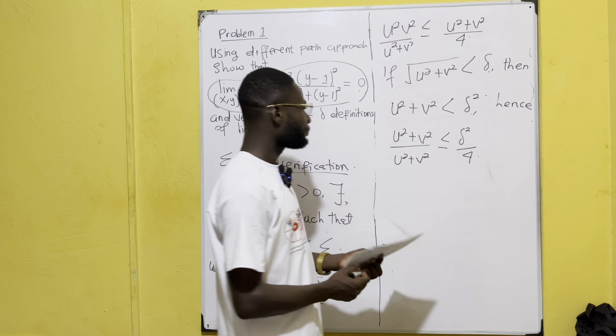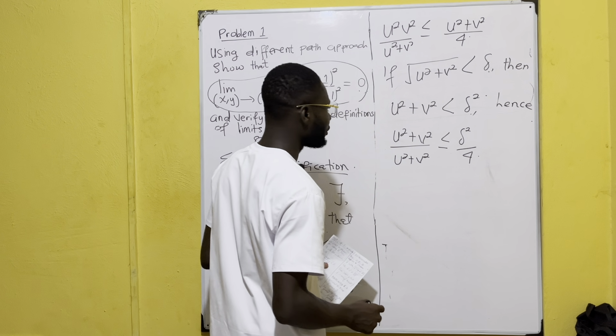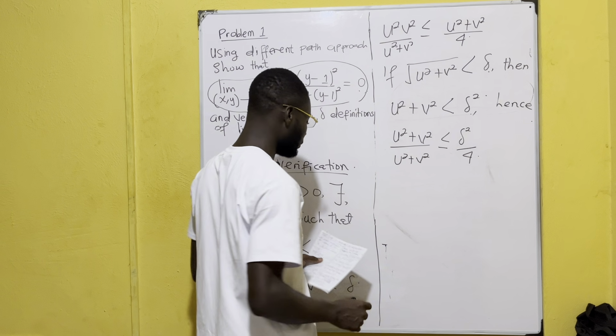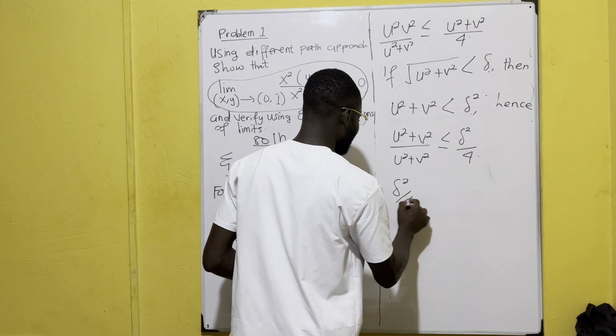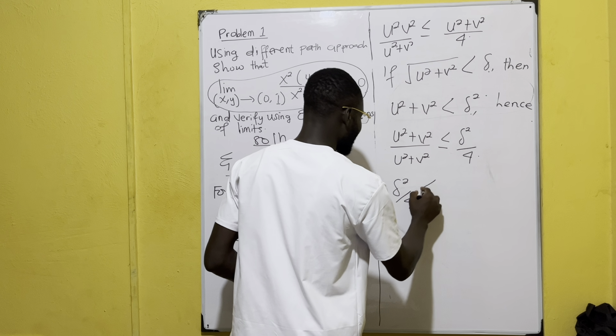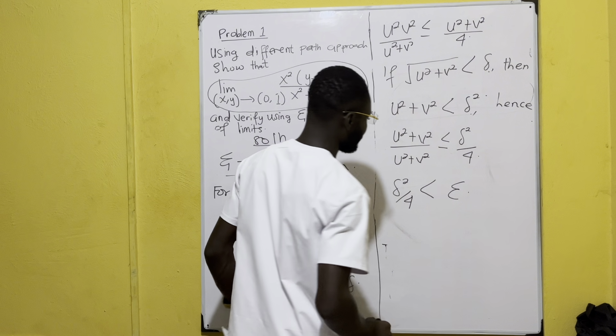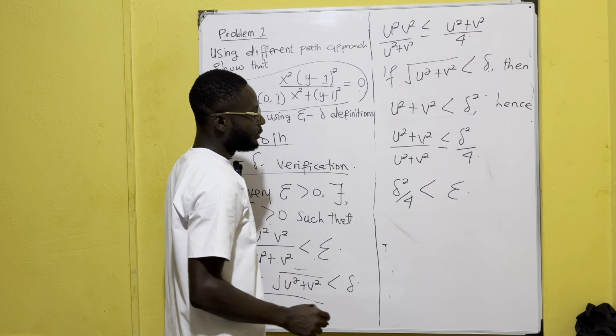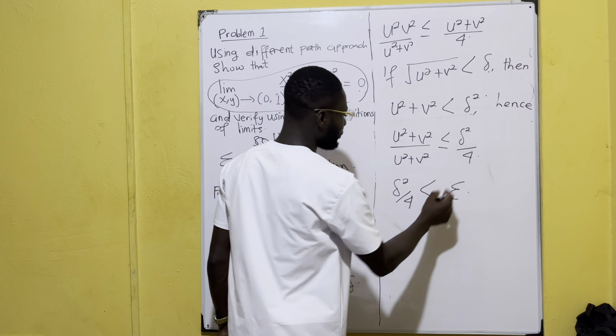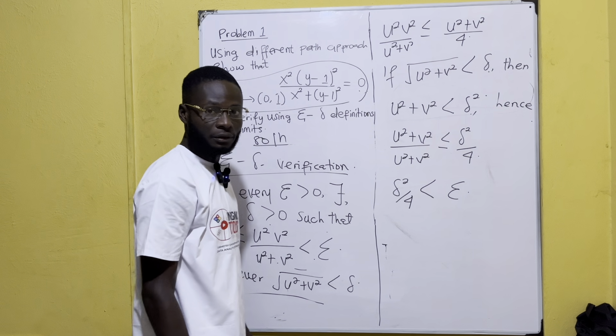So we have to work on it to choose that delta. So we're going to have delta squared divided by 4 to be less than epsilon. So this expression here should be less than epsilon, right?